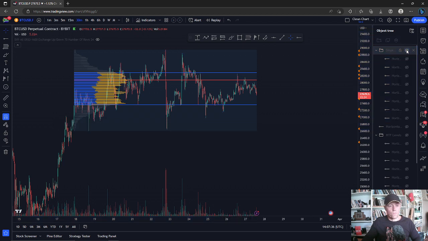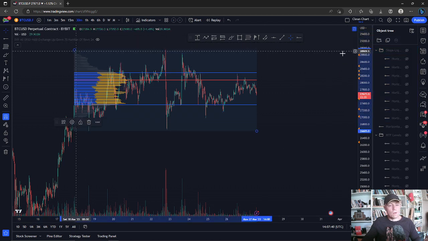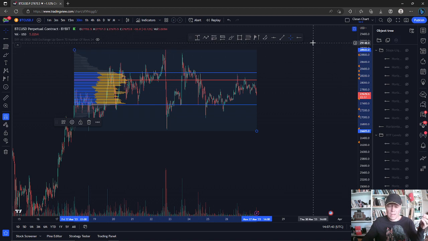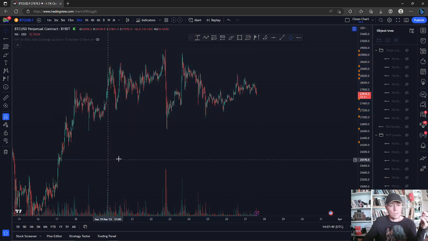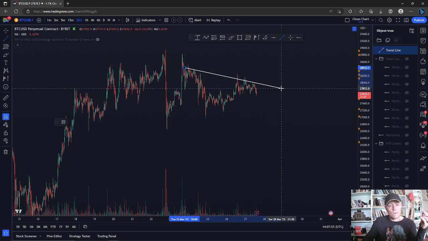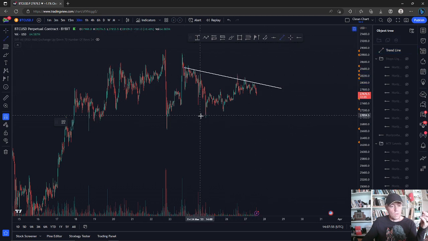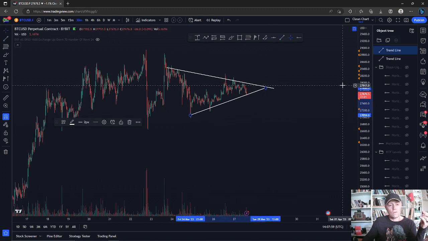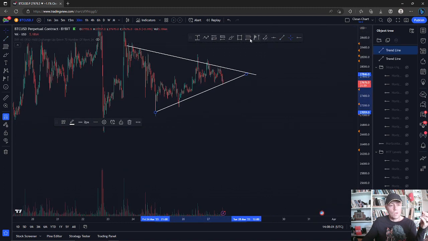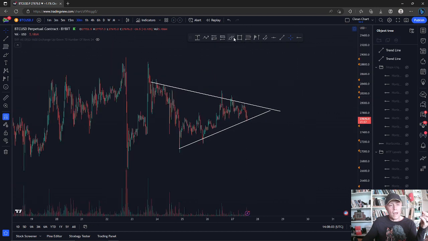And turn that off. So often what will happen is people will come and mark a chart pattern, and I trade off chart patterns, but it's not the most important thing for me in terms of finding confluence for trades. So we've got a symmetrical triangle right here, and what they wait for price to do is to break out above this point right here.